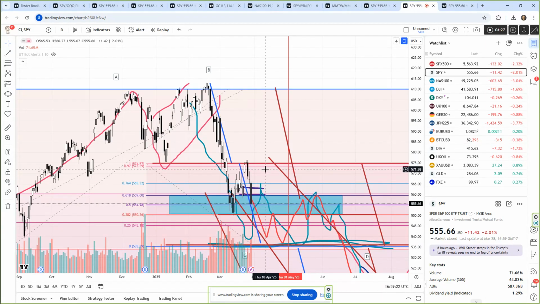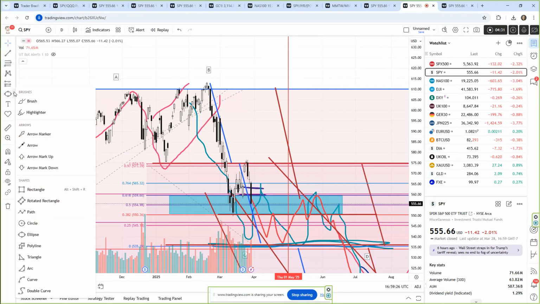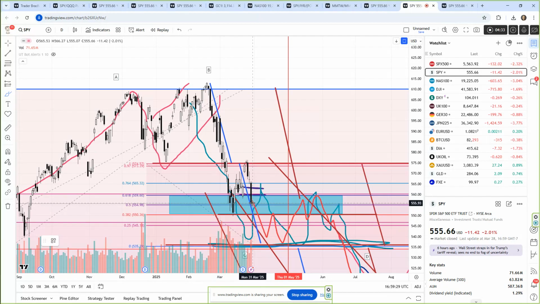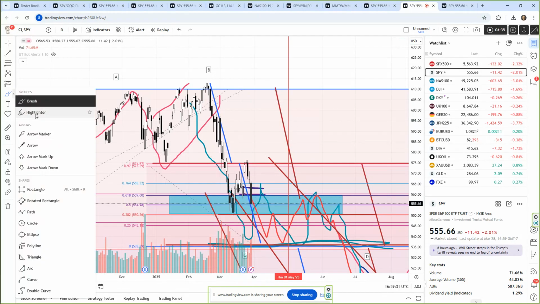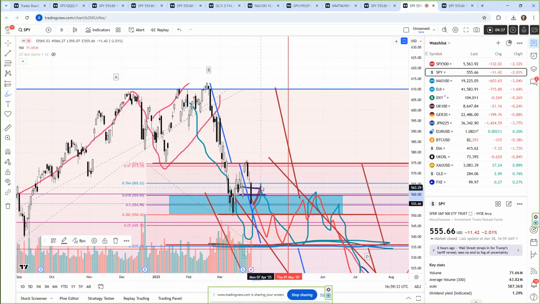Let me draw his example as a heavy recovery. Assume we move up and then we move down like this.